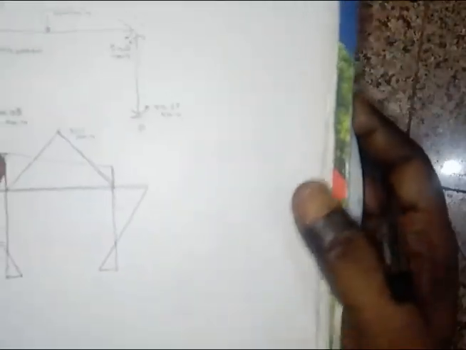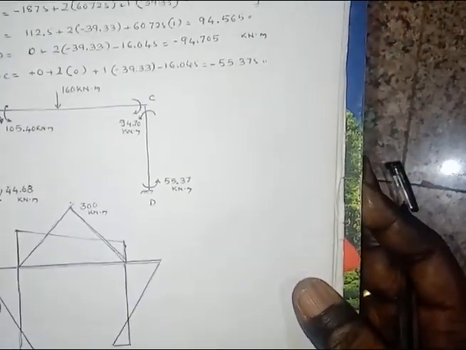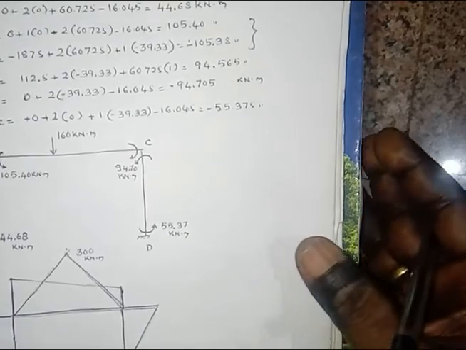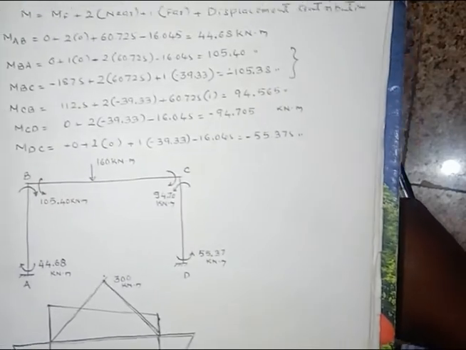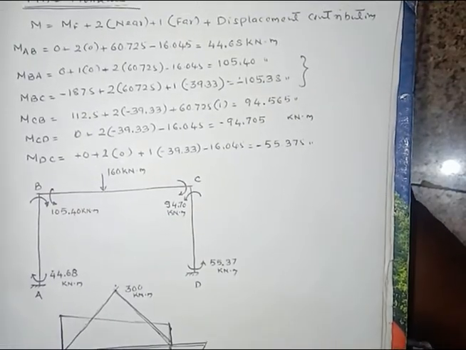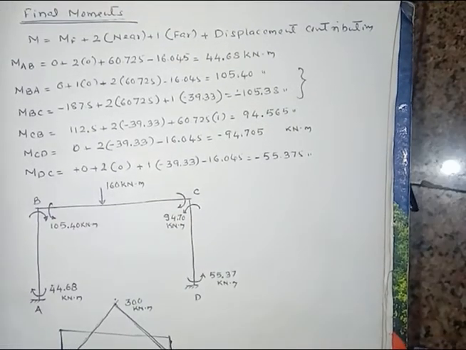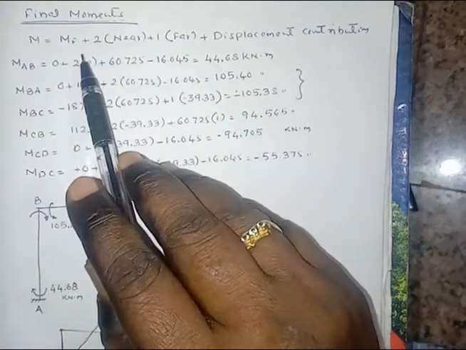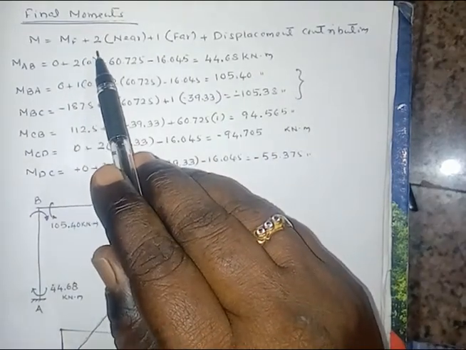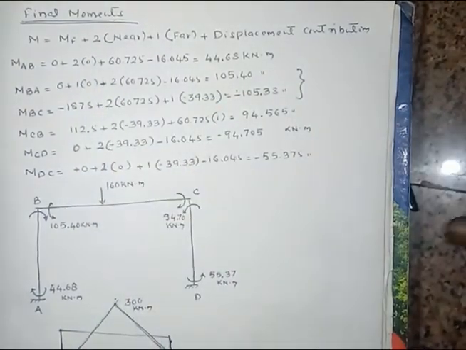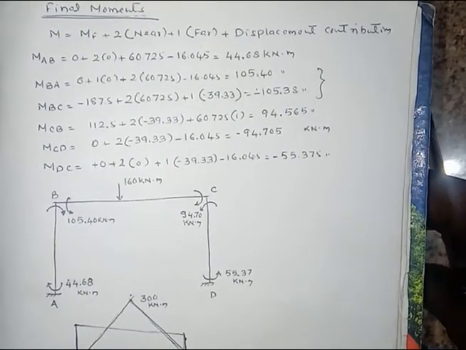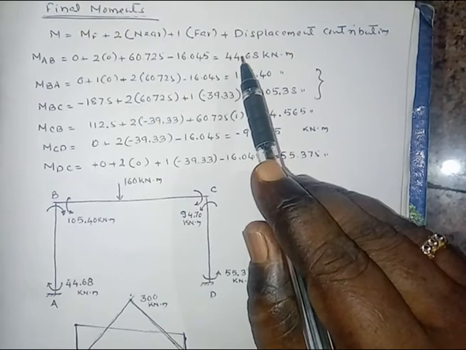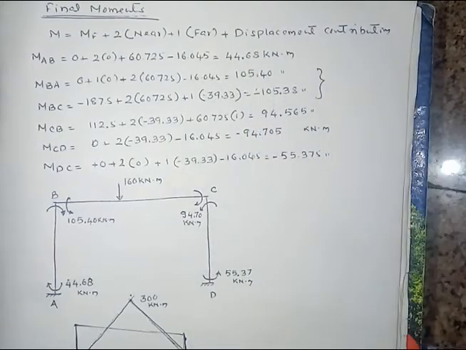Bending moment, that is, here the final moments. The final moments are given by M equals fixed end moment plus 2 times the near end rotational contribution plus 1 times the far end rotational contribution, plus in addition to that, the displacement contribution.